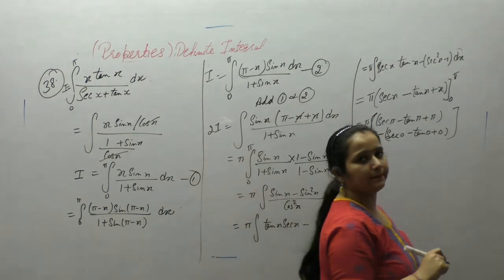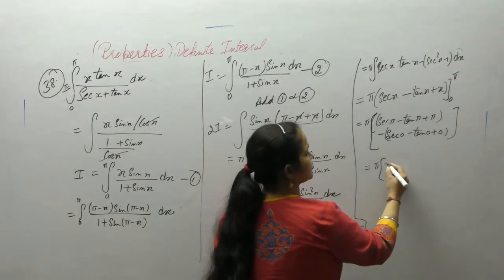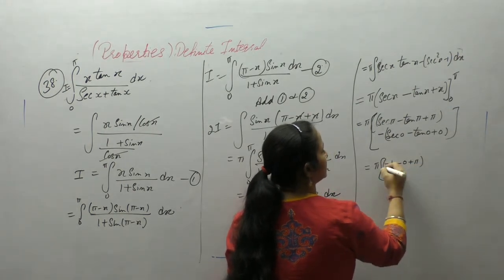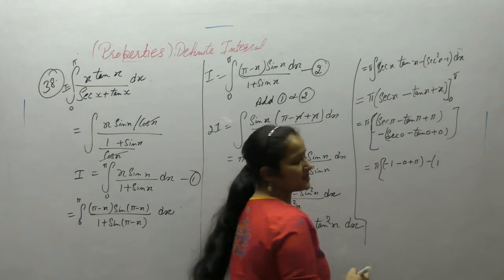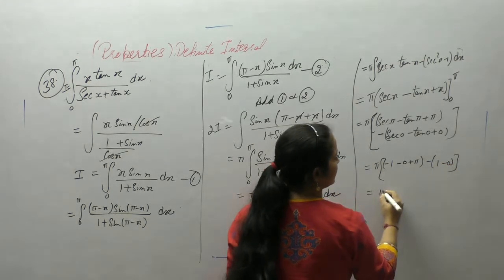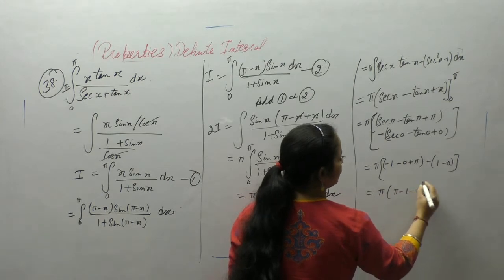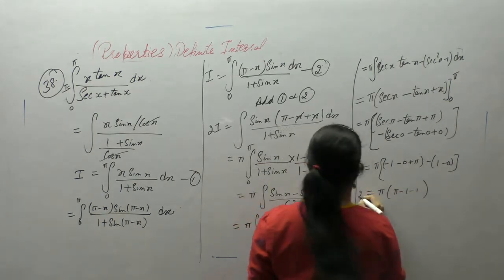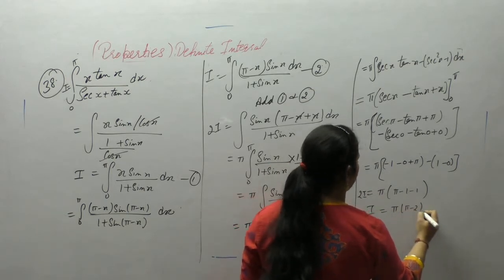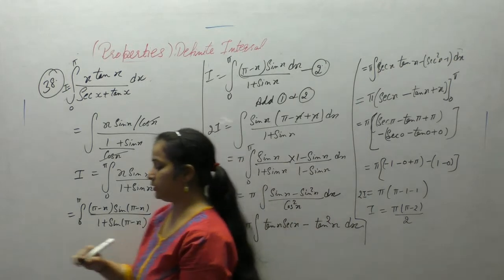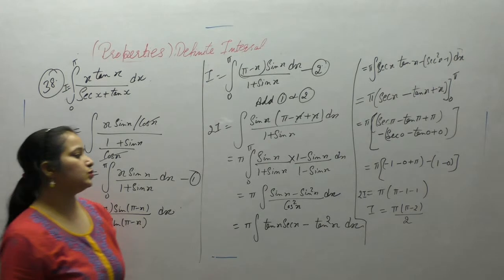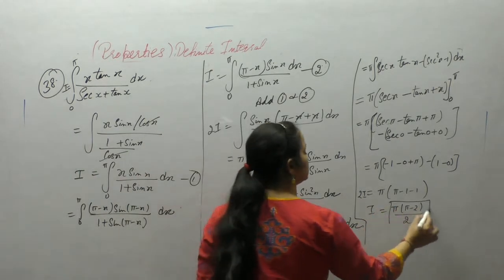Cos pi is minus 1, so sec pi is also minus 1. Tan pi is 0. Cos 0 is 1, so sec 0 is also 1. Tan 0 is 0. Pi minus 1 minus 1. So I is pi into pi minus 2 upon 2.